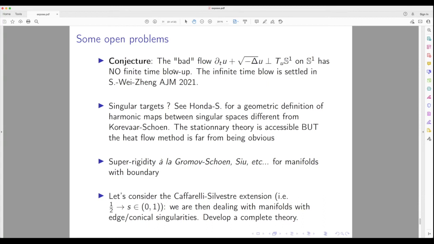Not all of them, but when you put this weight, it would give you a theory for harmonic maps when the domain is a conic manifold, either a conic surface or even higher dimensional edge type, like the edge S1 in S3, for example, higher codimension.